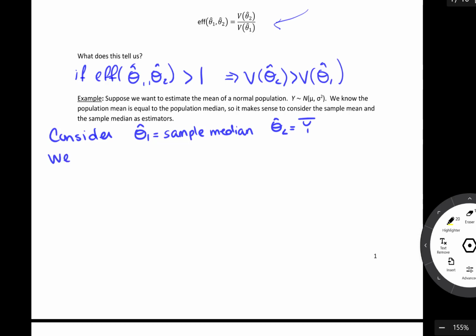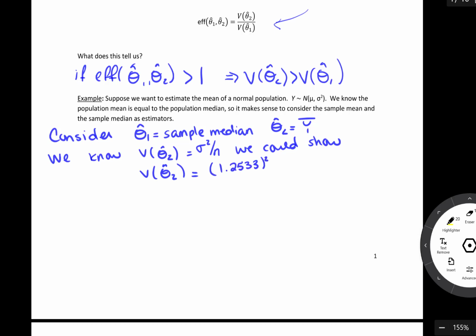We know the variance of theta hat 2, we've talked about this before, and that's equal to sigma squared divided by n. Then we could show the following. The variance of theta hat 1, the sample median, is equal to 1.2533 squared times sigma squared divided by n. So we can calculate the relative efficiency.